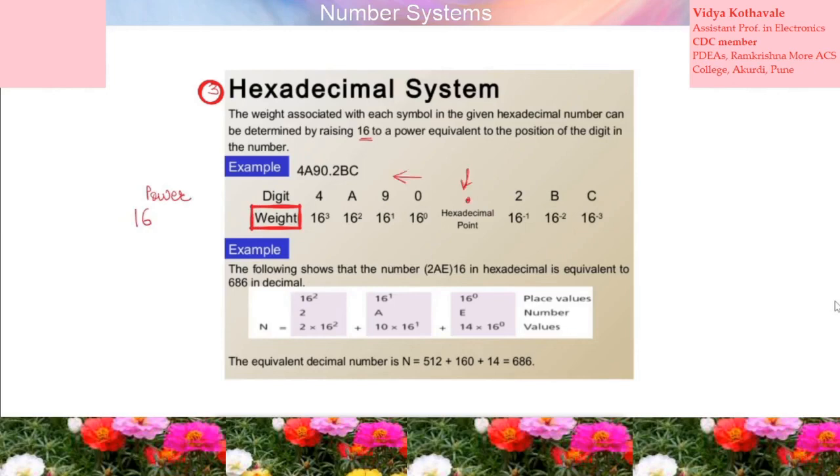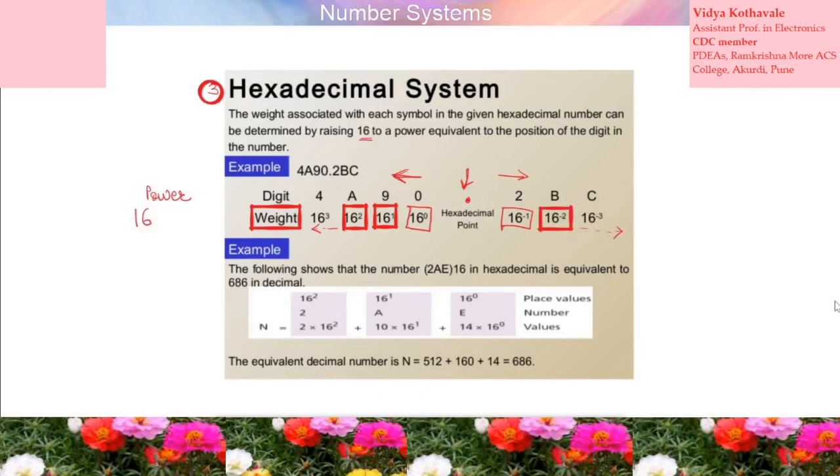We have the hexadecimal point, then the integer part of the number, and then the fractional part of the number. Starting with 16 to the power 0, 16 raised to 1, 16 raised to 2, and so on, it continues. For the fractional part, the power starts with minus 1, 16 raised to minus 1, 16 raised to minus 2, and so on, it continues.